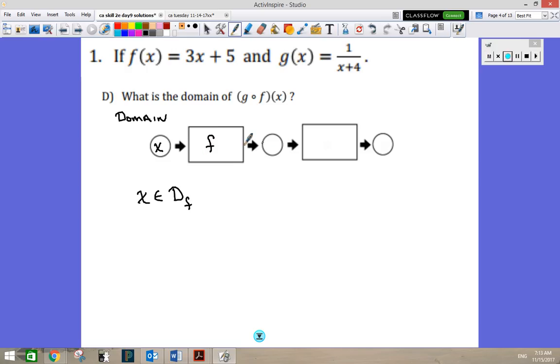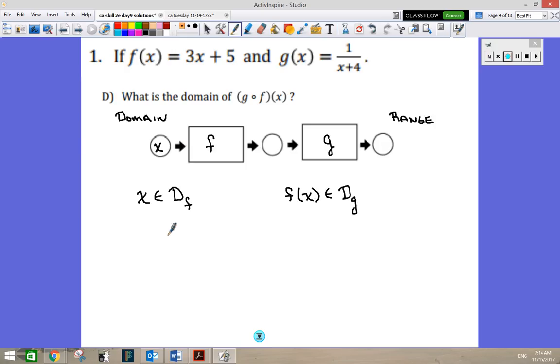Well, now f produces its output, and we use the symbol f of x to represent that output, and it has to be in the domain of g. And we need it to produce a number in the range. If in fact the number is in the domain, it will make it through both functions and produce a number in the range.